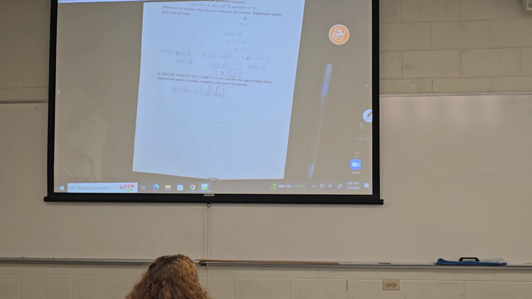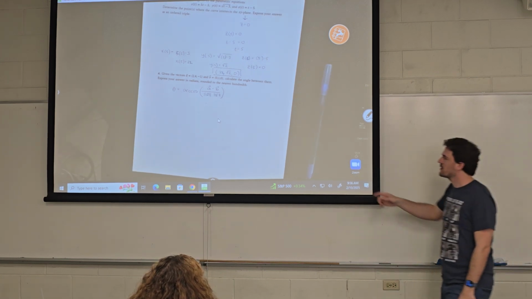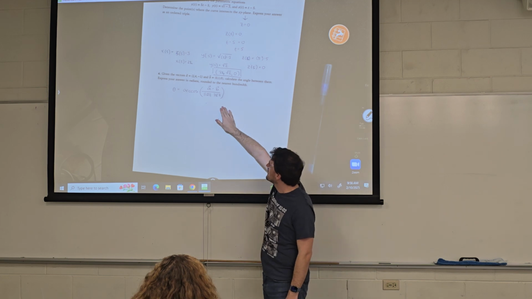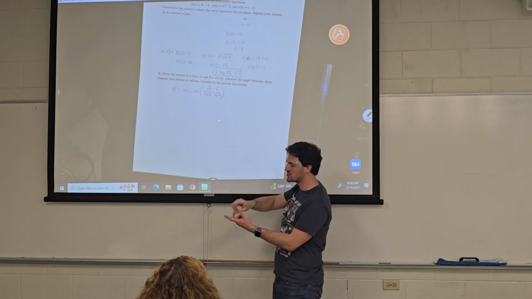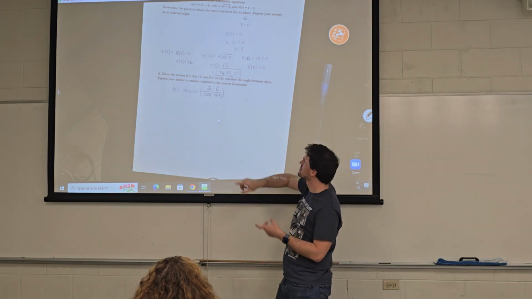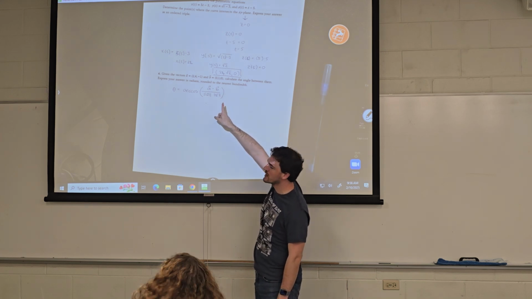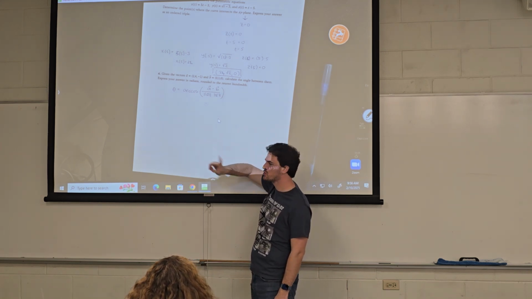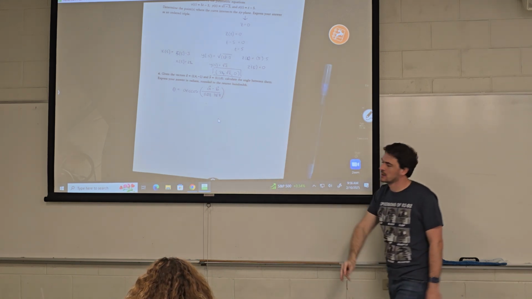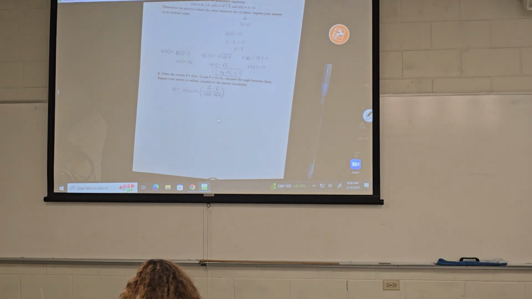We're allowed to take it. Notice this formula doesn't say whether you're in 2 dimensions or 3 dimensions. So you can find the angle between two vectors in either 2 or 3 dimensions. Doesn't matter. The formula is still the same.